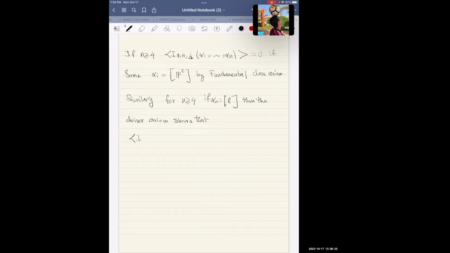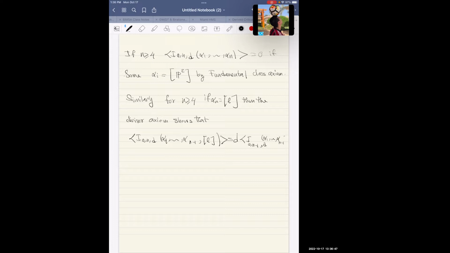I 0, n, d of alpha 1 to alpha n minus 1 and L is going to be equal to d times I 0, n minus 1, d of alpha 1 to alpha n minus 1.